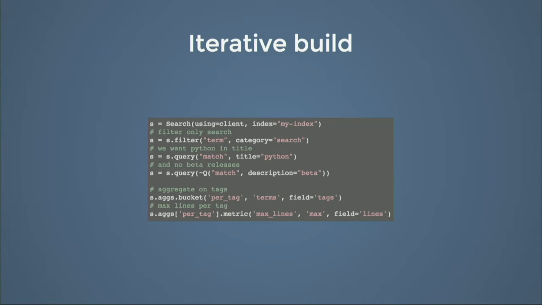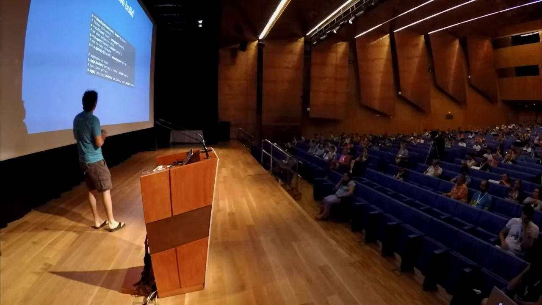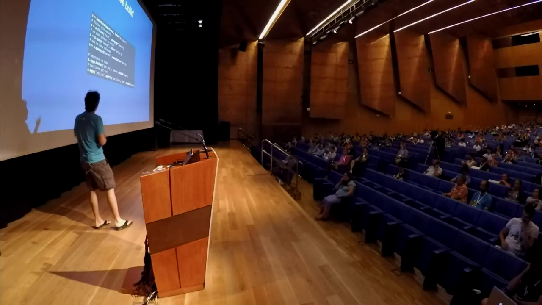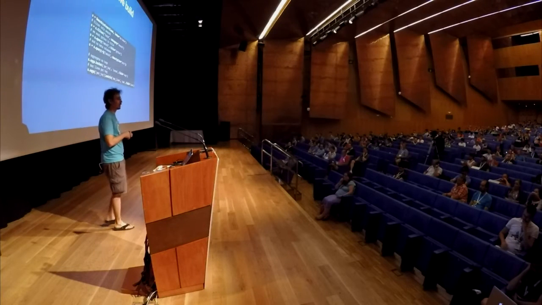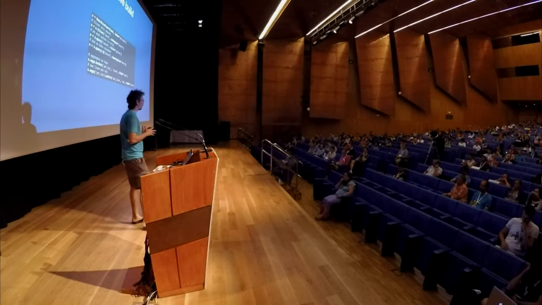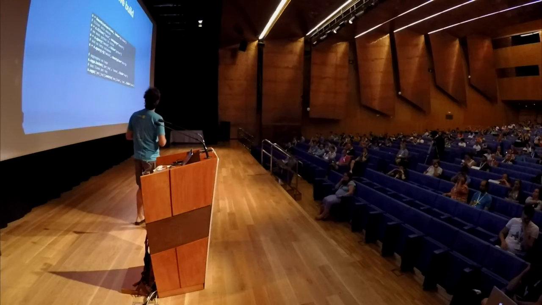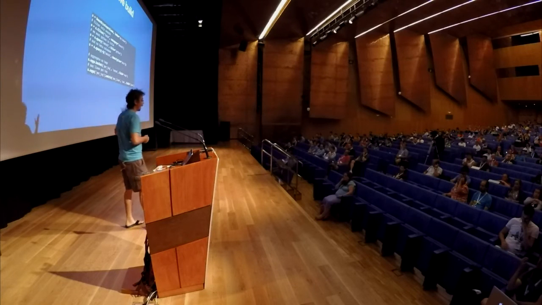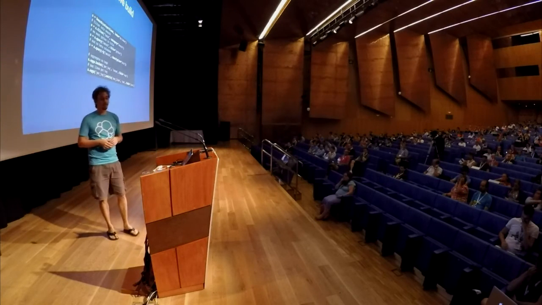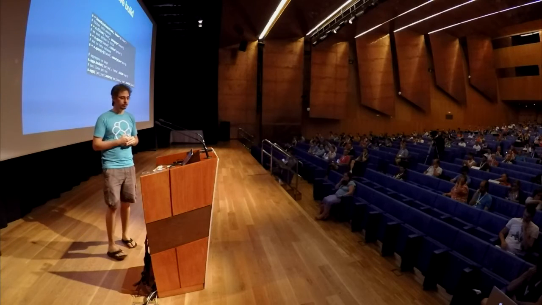So, sure, there's still some magic. There's still something that's specific to Elasticsearch. We've talked about the term and match and all the different weirdness of the syntax. But overall, this should not be surprising. I want to only filter category search, then I want to match the title to Python, etc. But the most important part is I don't have to first build up some weird dictionary containing all the keyword arguments or represent the state in any way.